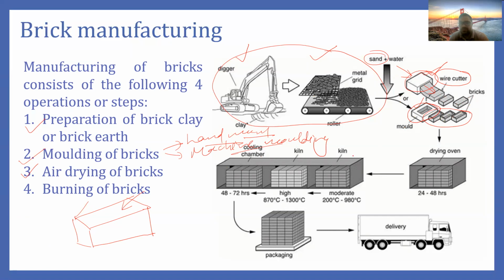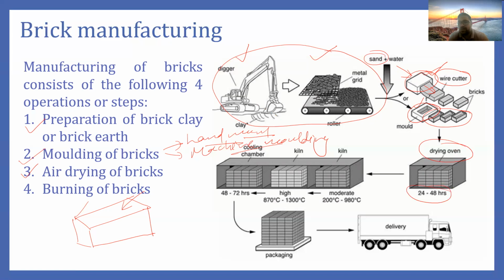Drying can be sun drying or can be done in an oven. If we put the bricks out for sun drying, it may take 1 to 2 weeks. And if we want to dry them in the oven, this can be done within 2 days.